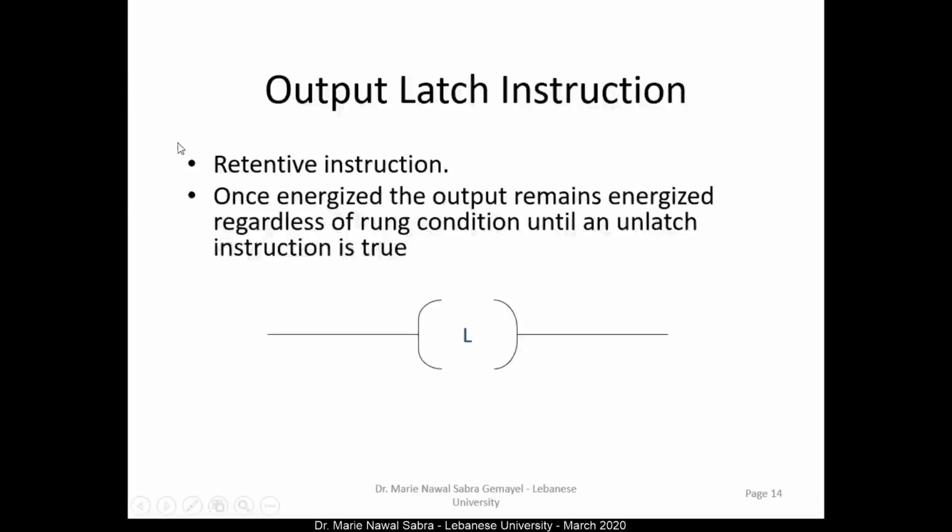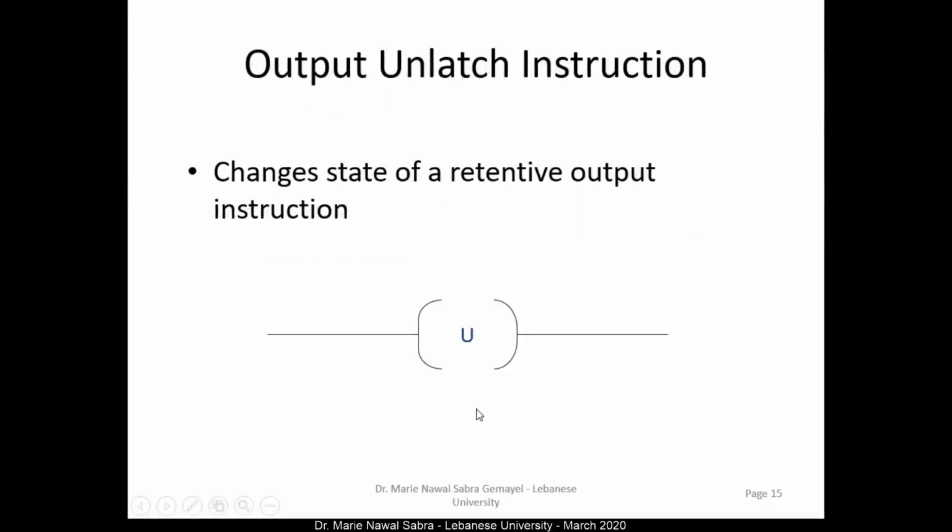Okay. So, output latch instruction. Of course, a start-stop circuit would be easier if I would start the circuit with an output latch. Instead of the output being on only when current is coming to it, it's on when it just gets a glitch of current, and is going to be off with an unlatch instruction.